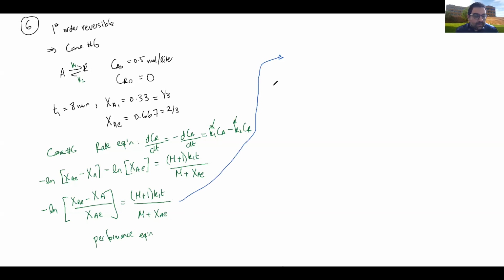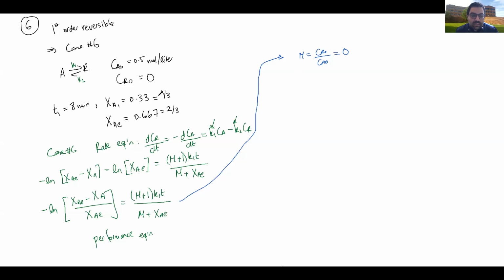So I have the conditions. Recall that M is CR naught divided by CA naught, and this will be 0 in this case. So this simplifies my problem.